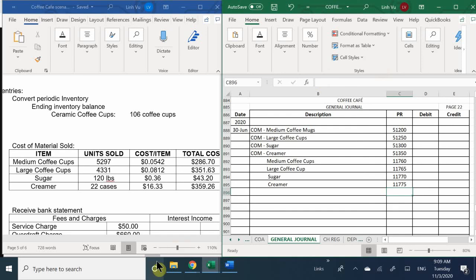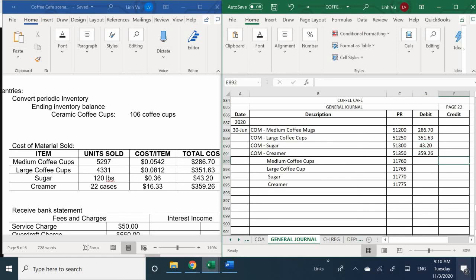Good. And I've already done the calculation for you, so we utilized a total of $286.70 worth of the medium, so 286.70. How much was the large? 351.53. And how much was the sugar? 43.20. And how much was the creamer? 35.90. Okay.